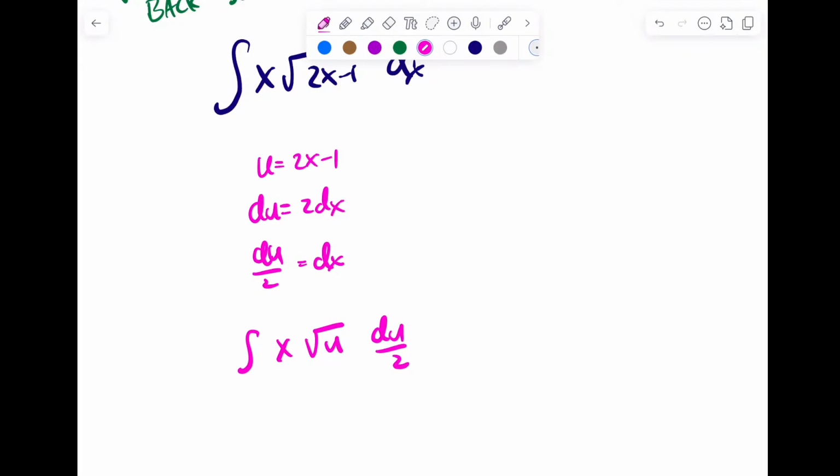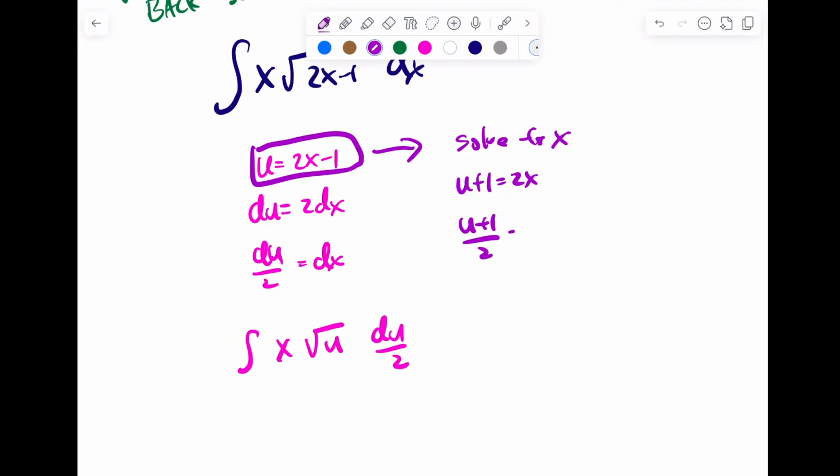Landon and Jacob, you get x in terms of u. Ah, so Landon says, hey, can I solve for x? So then you get u plus 1 equal to 2x, and u plus 1 over 2 equal to x.